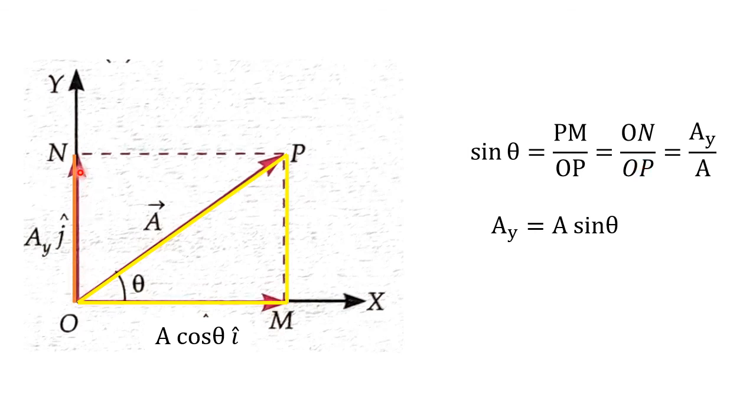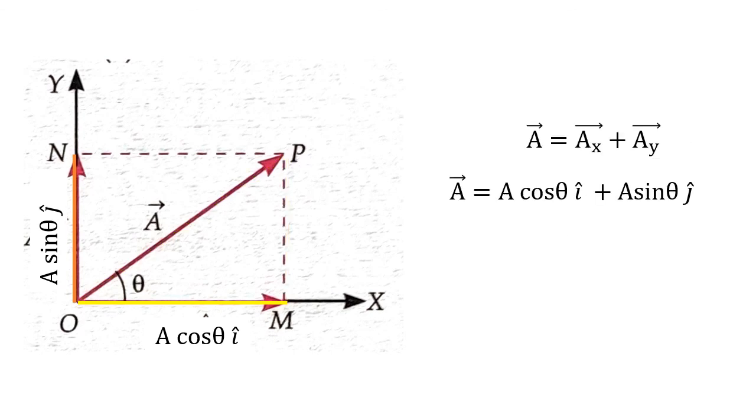Now this is the magnitude of the AY vector, which is AY. Therefore, instead of ON I can write AY. Similarly, for OP I can write the magnitude of vector A. So AY equals A sine theta. Instead of writing AY j cap, I can simply write A sine theta j cap.